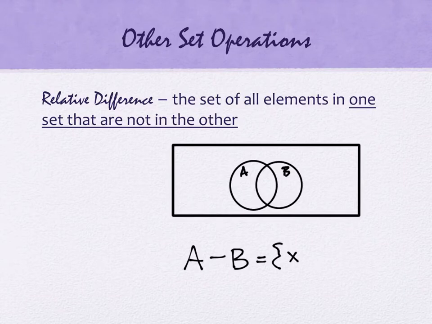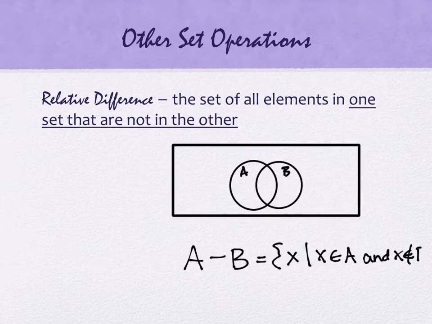This would be the set of all elements x such that x is in set A and x is not in set B. So picture-wise, that's this crescent shape over here on the side. It's in set A, but it's not in set B, so it excludes the overlap.